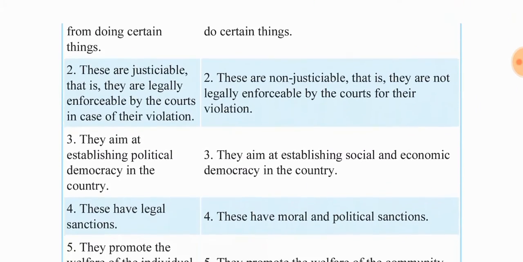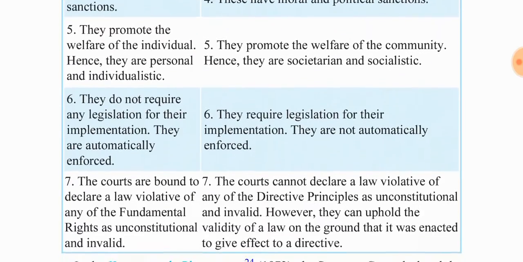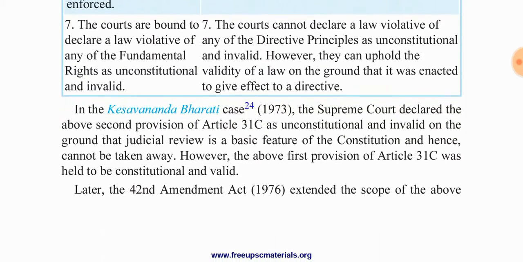In the Keshavananda Bharati case of 1973, the Supreme Court declared the second provision of Article 31C unconstitutional and invalid on the ground that judicial review is a basic feature of the Constitution and hence cannot be taken away. However, the above provision of Article 31C was held to be constitutional and valid.